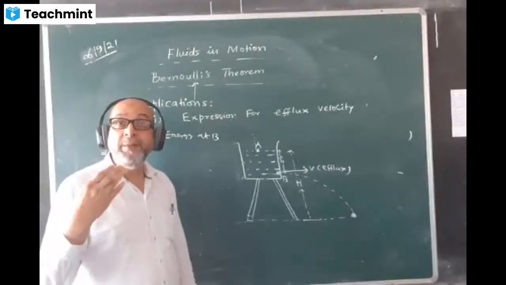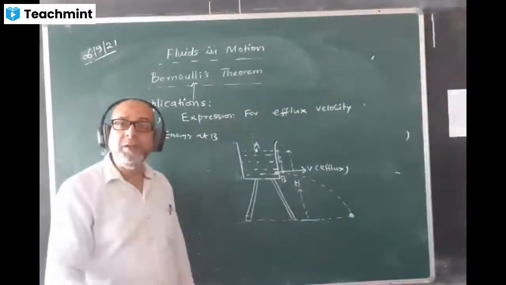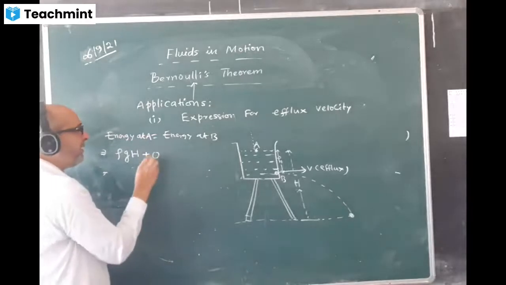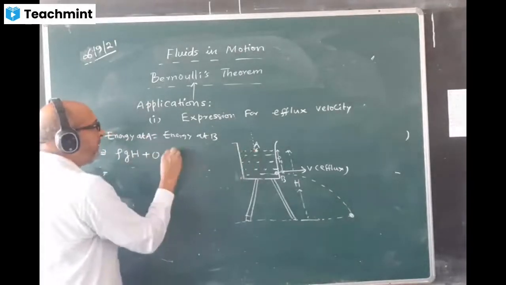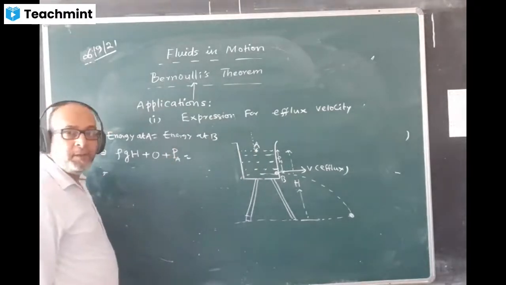We don't see the movement of the water level going down. So the kinetic energy at this point is zero. What pressure energy will be there? P1 or PA, the atmospheric pressure.